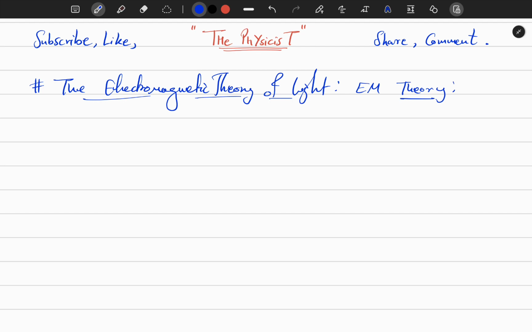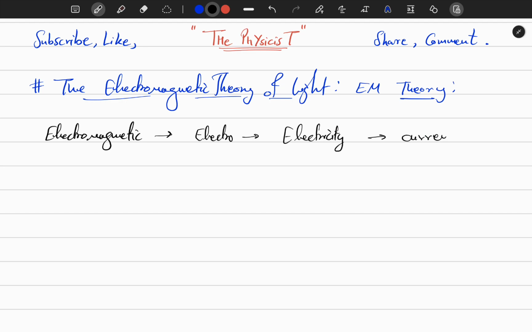Okay, so when we look at the word electromagnetic, it is formed using two words. Electro comes from electricity, which is associated with current and charge. And magnetic comes from magnetism.